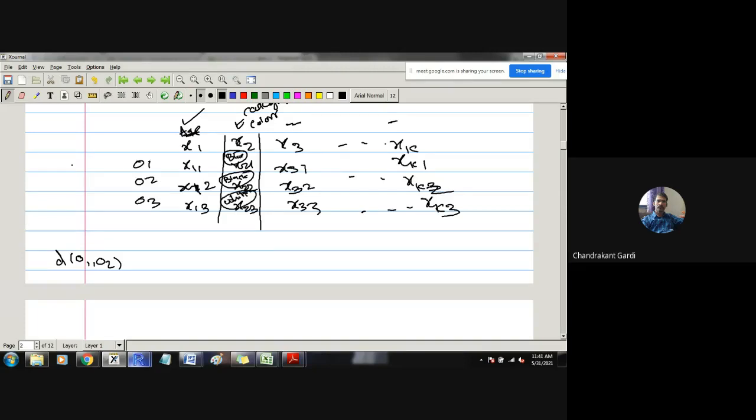So there are three colors: blue, black, and white. In the entire data, x2 has three categories, and for any observation it will take the value blue, black, or white. So how do we calculate distance among these three categories?